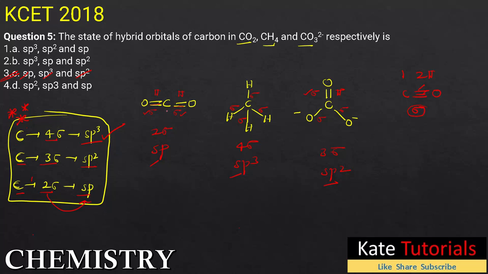You should not say 2 sigma bonds between them. Between one atom and another atom, there will be 1 sigma bond. See, between these two 1 sigma bond, between these two 1 sigma bond. Here a double bond is there, but still 1 sigma bond and 1 pi bond. So always between two atoms 1 sigma bond. Right, sigma bond can be 1, pi bond can be a maximum of 2.